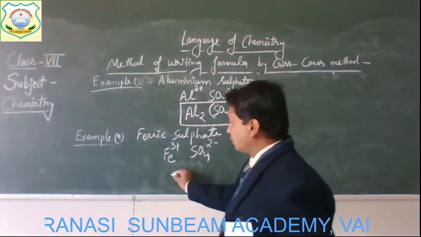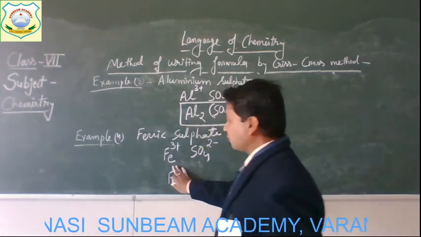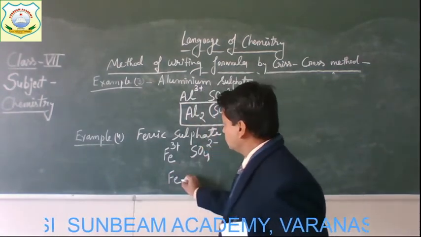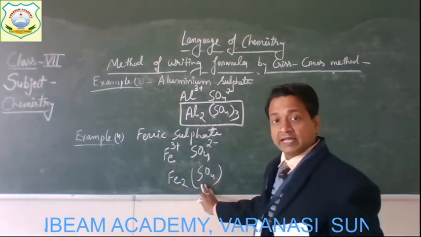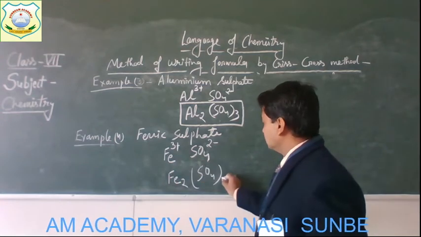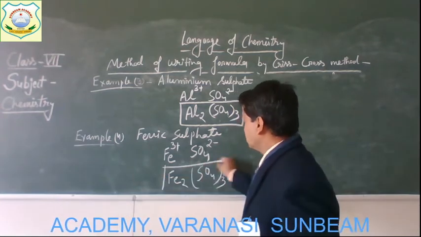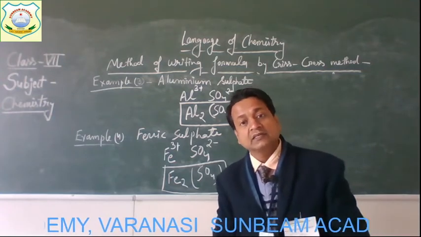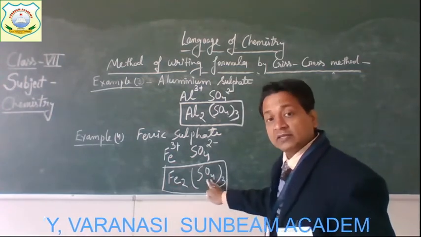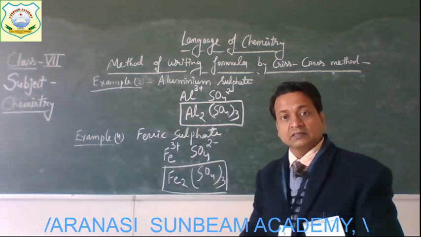So the formula will be Fe2(SO4) within the bracket and 3. So this is the formula of ferric sulfate, Fe2(SO4)3.